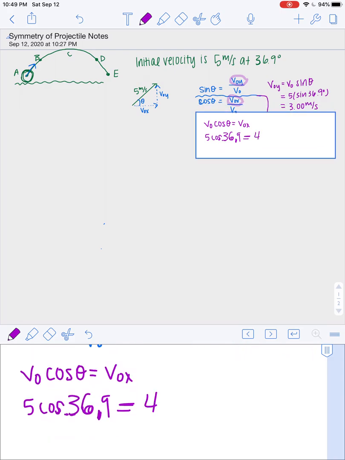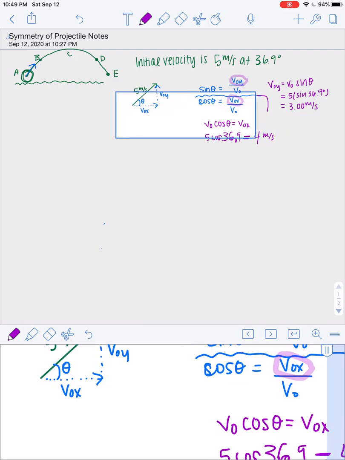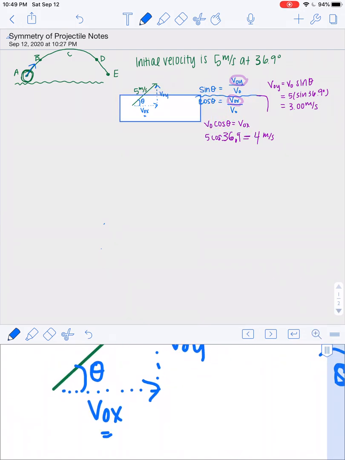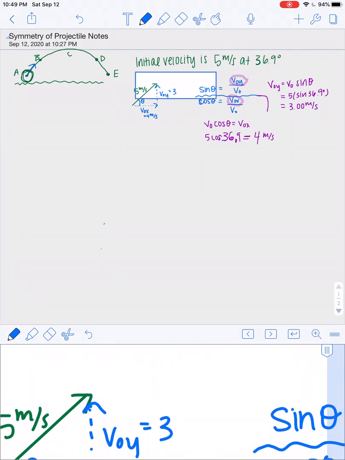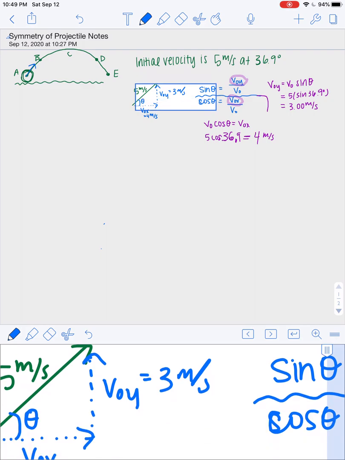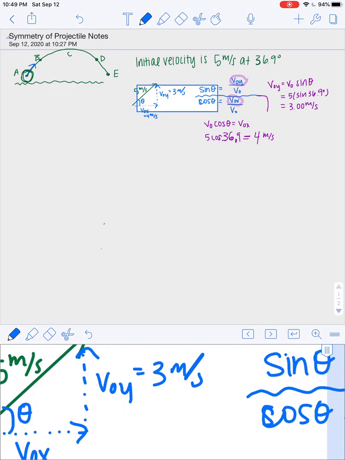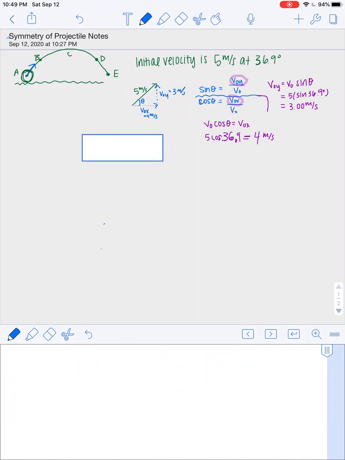And that should be about 4 meters per second. So now I have my components, which will come in handy later. And should both of those be positive numbers? Yes, because V0x is to the right, which is positive, and V0y is up, which is positive.